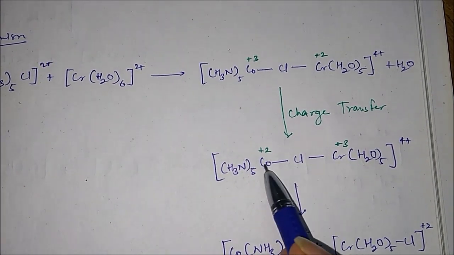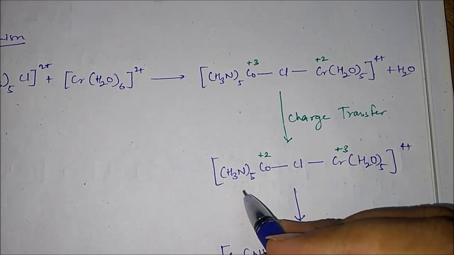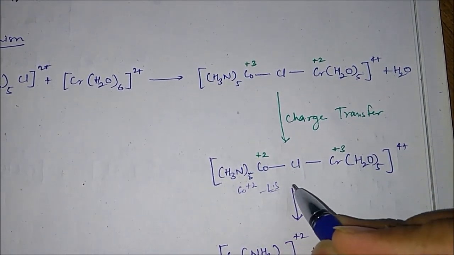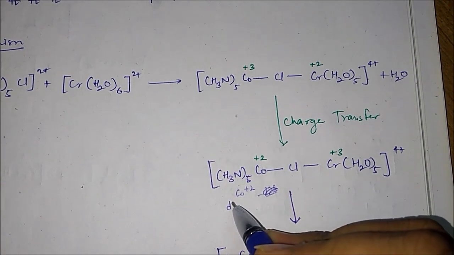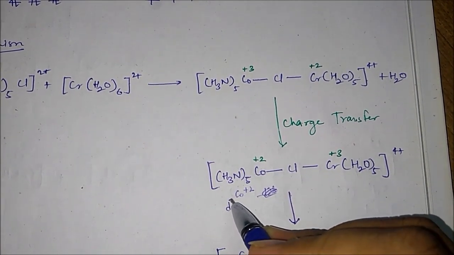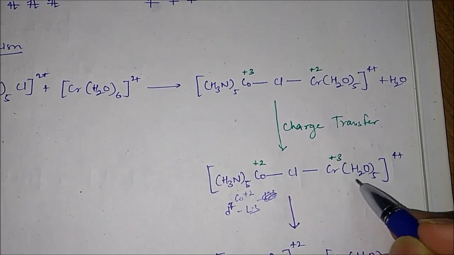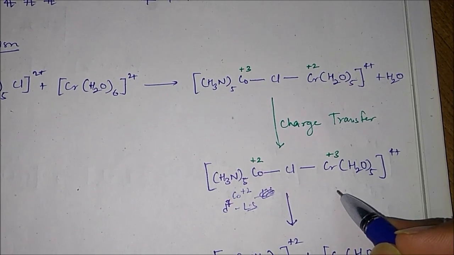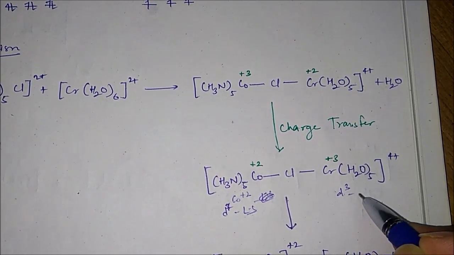Now if you check over here, the cobalt is in +2, and this is low spin. So this is your d7 low spin. This is now your d7 species, and this one now becomes your d3, and this is high spin.